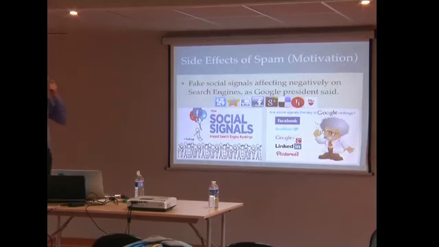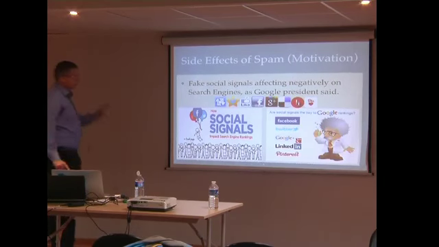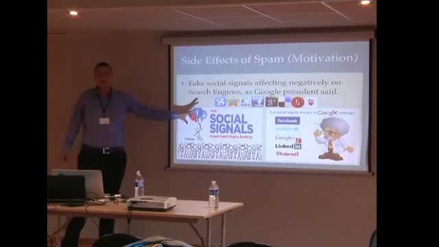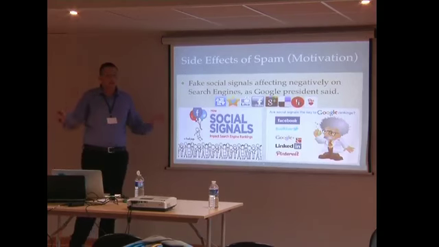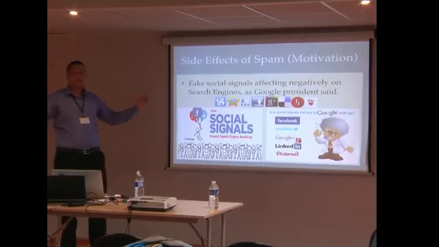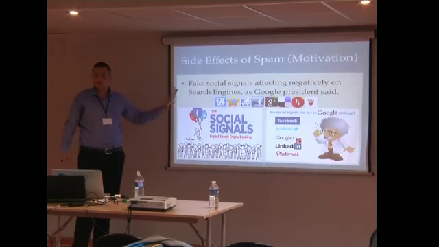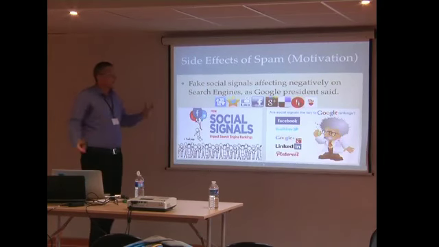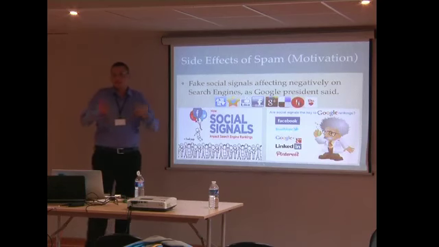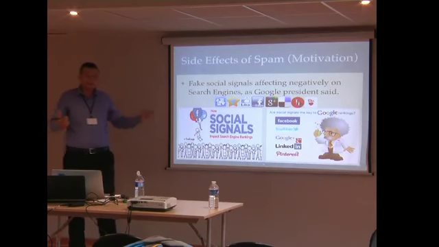Okay, what are the side effects of spam? The first side effect is the impact of spam on information retrieval systems. Now Google is going to exploit social signals on social networks to improve the ranking of their documents. But the fake social signals produced by a spammer may negatively affect the results.